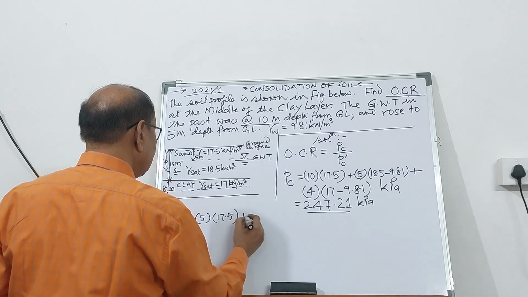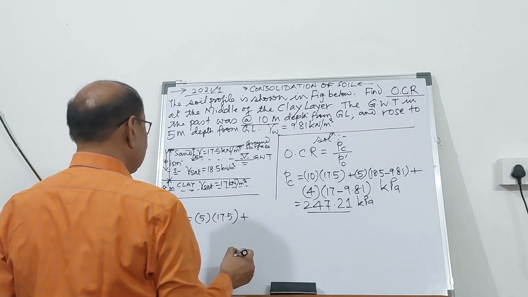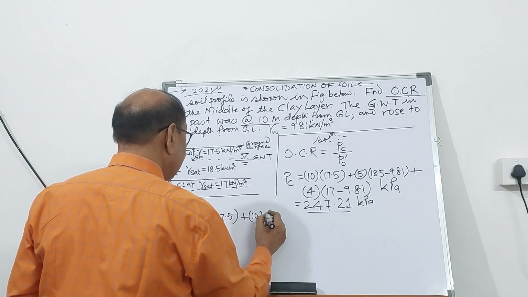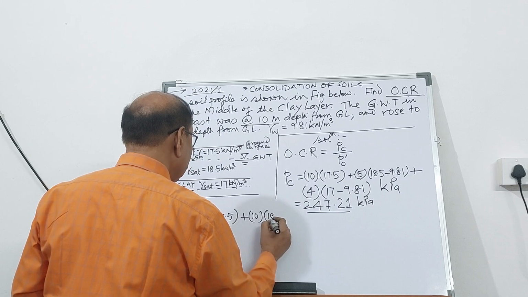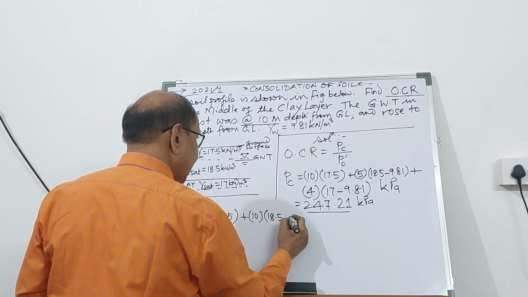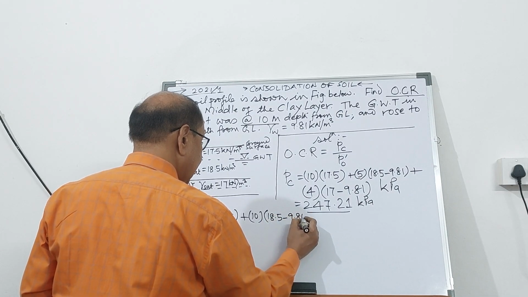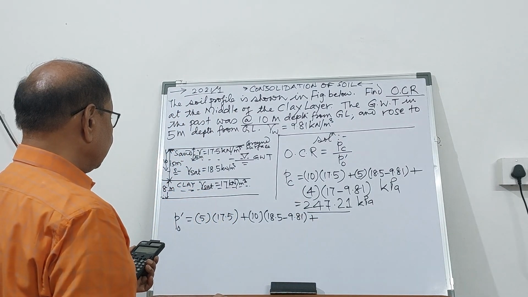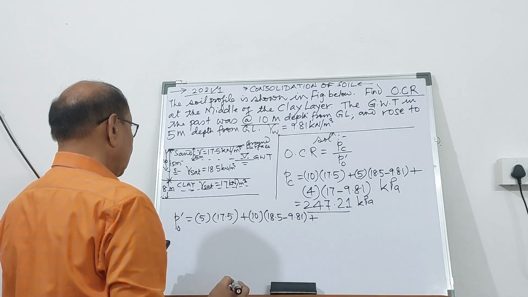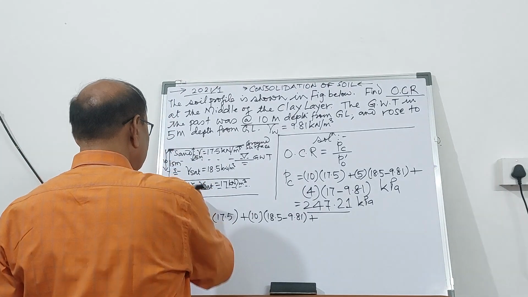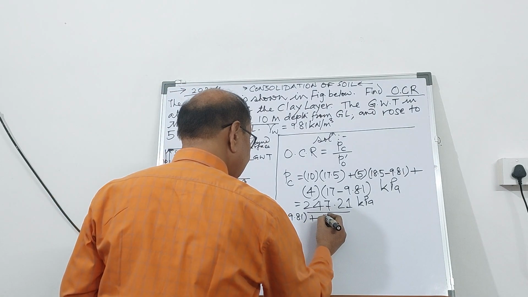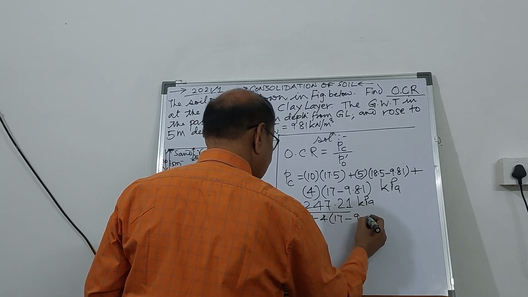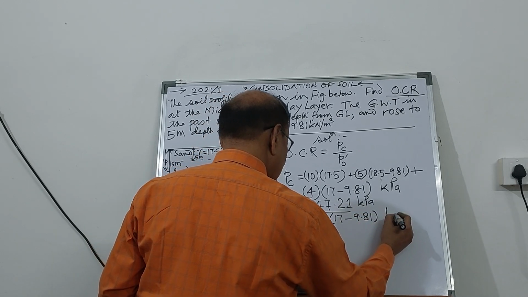And for remaining 10 meter, it is going to be 18.5 minus 9.81, plus 5 plus 10, 15 meter over, and for remaining 4 meter, it is 17 minus 9.81 kilopascal.